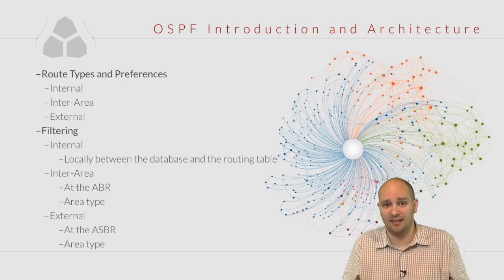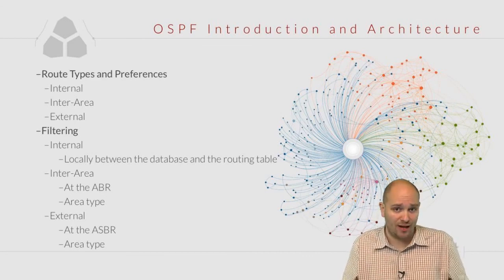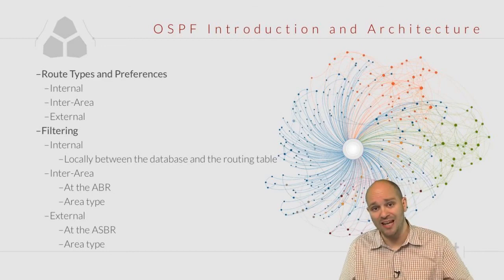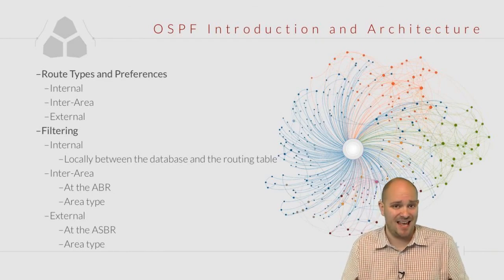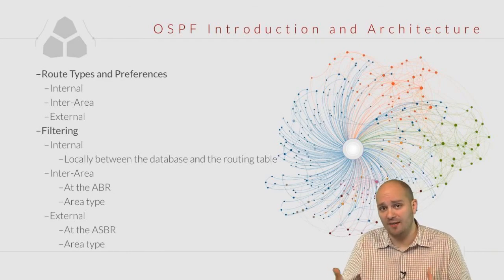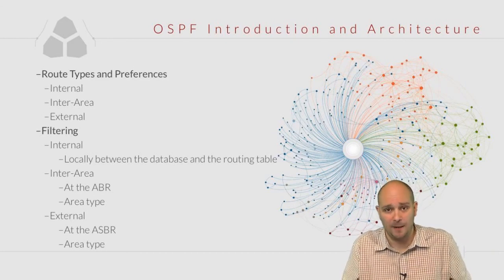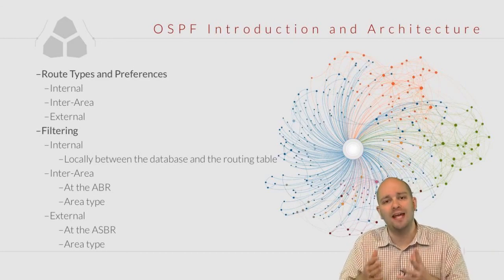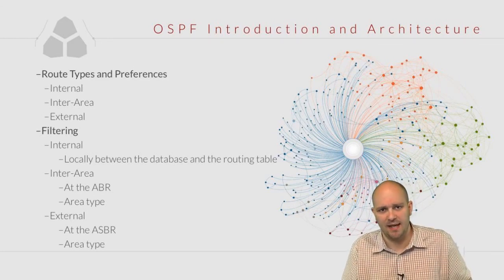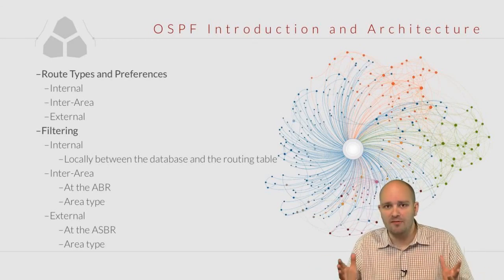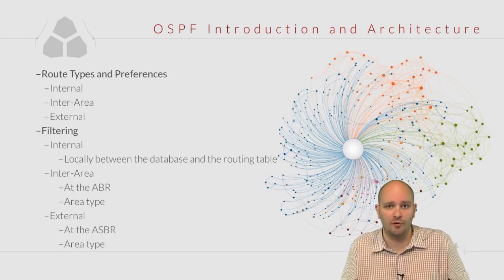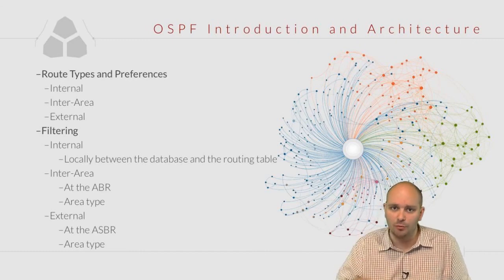And the area type that does not allow external routes to be injected from the backbone into that area is the NSSA area. So type 5 LSAs cannot go into the NSSA area. So this was a very, very brief and very quick overview of OSPF, so let's now dive into more details.